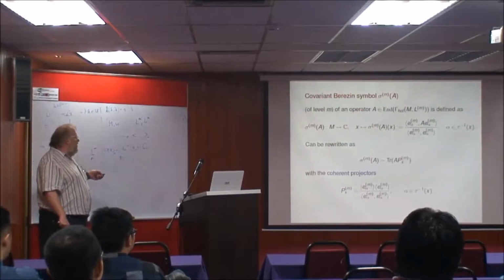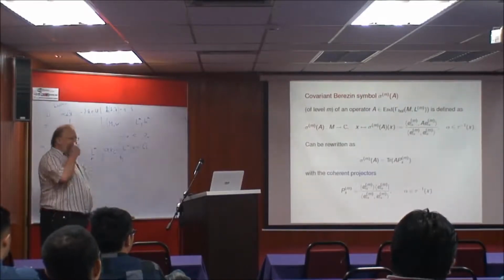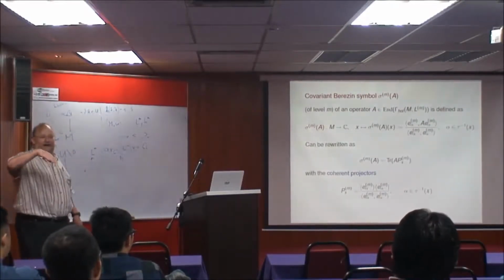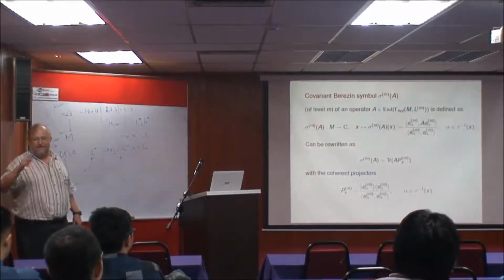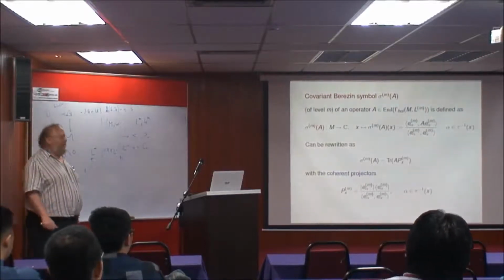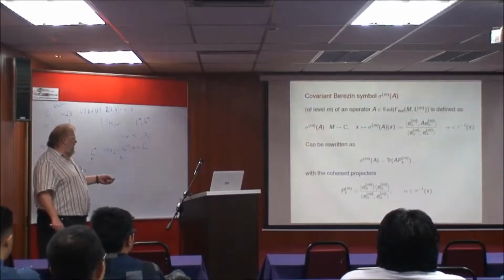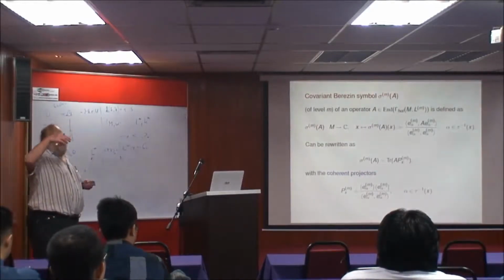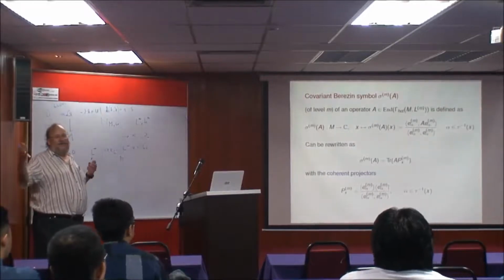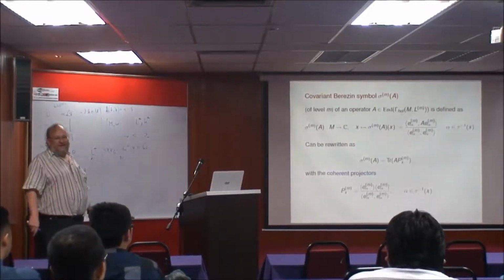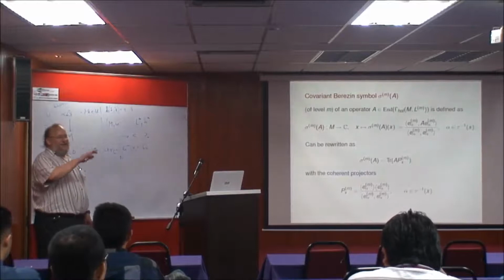So now we take an operator A. A symbol is always something where you assign to an operator a function. In some sense, quantization says we want to assign to a function an operator, so this is some kind of dequantization.